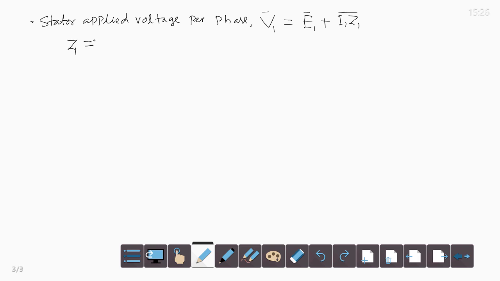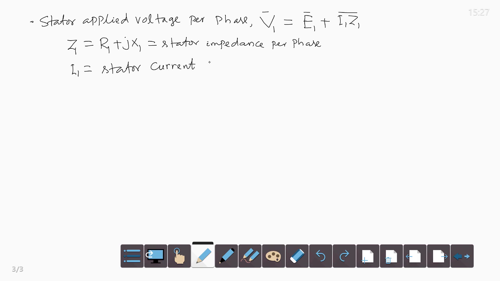Z1 equals R1 plus jX1 is the stator impedance per phase, I1 is the stator current per phase.